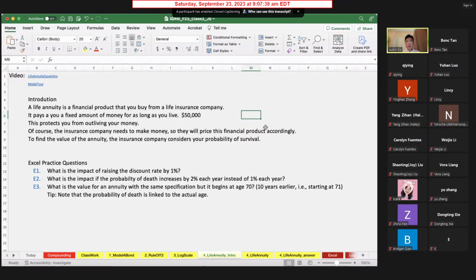In traditional discounted cash flow valuation, there is no probability of survival. So this life annuity case is an applied discounted cash flow valuation. If you haven't heard, discounted cash flow valuation is to estimate the current value of a certain company or financial product, usually a stock or a bond.